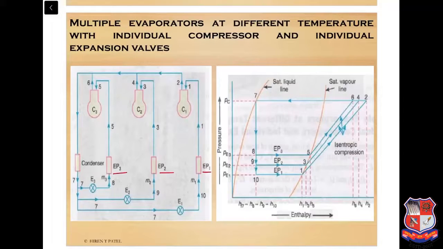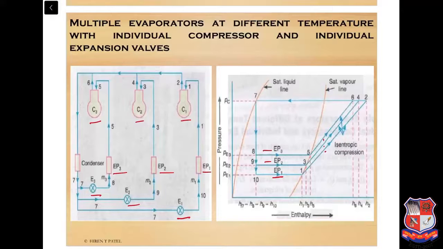EP1, EP2, EP3, there are 3 compressors, C1, C2 and C3, and also 3 different expansion valves. Only the condenser is single. We can see in the pH chart 3 different compressors, with 3 different compression ratios and 3 different temperatures for the compressors as well as the evaporators.